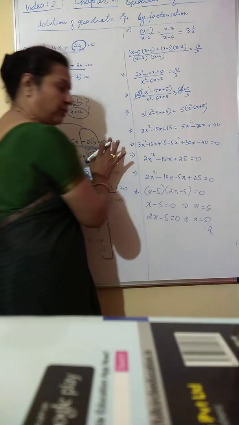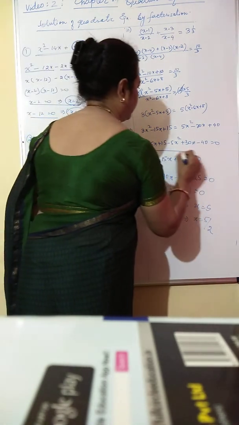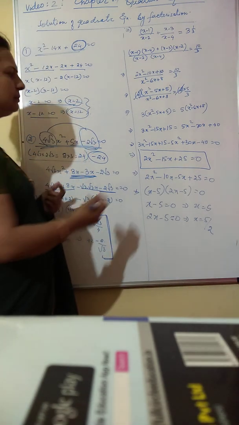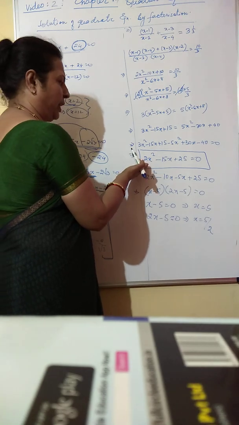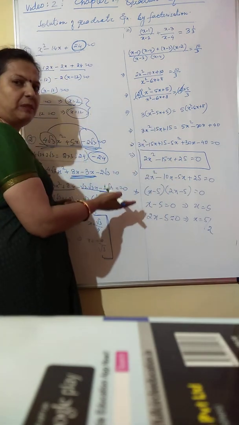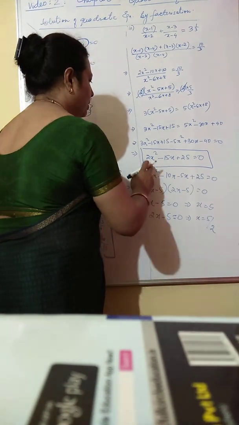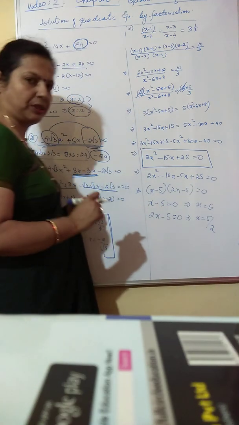I bring everything on LHS and then I simplify. On final simplification, this is the equation I end up with. Now once I get to this point, then I have to use the method of factorization. So I have got the equation as 2x square minus 15x plus 25 equal to 0.